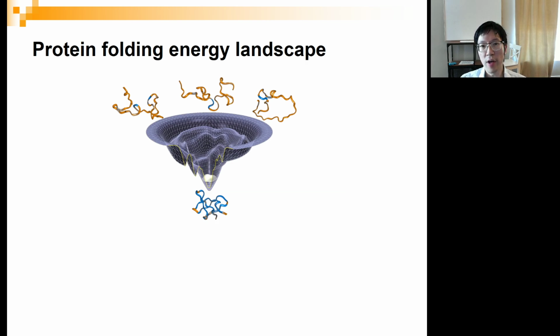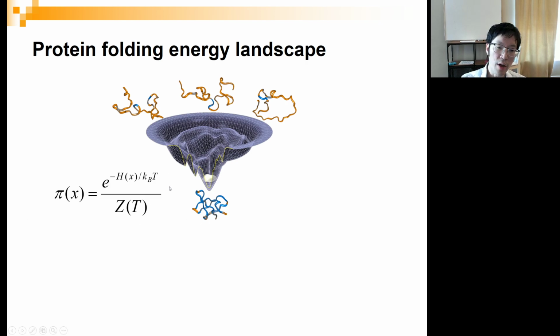When the protein is folded in its stable structure, it stabilizes near a low energy state, and you see that at the bottom of this energy well. I'm going to use the notation cap H to represent the energy function.